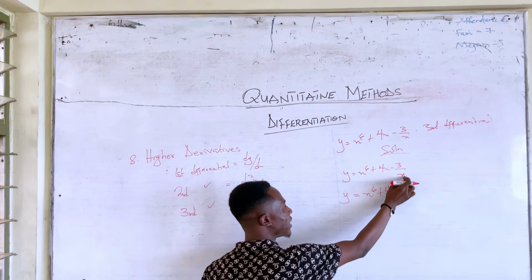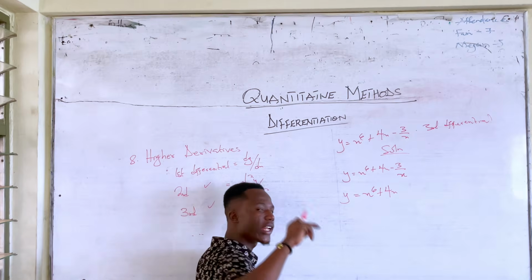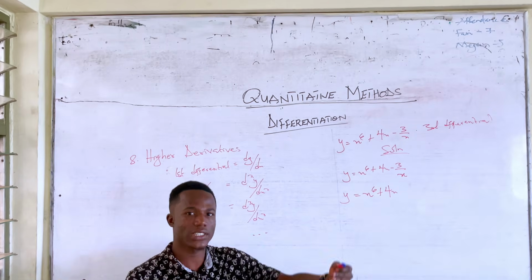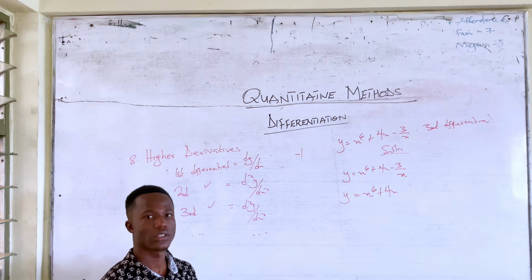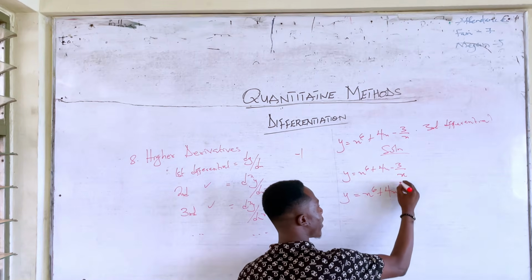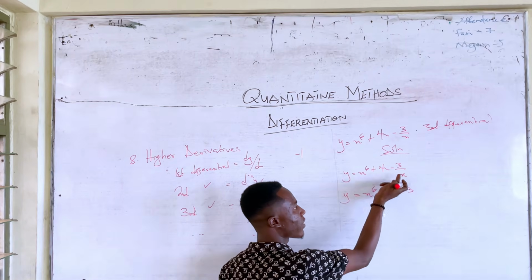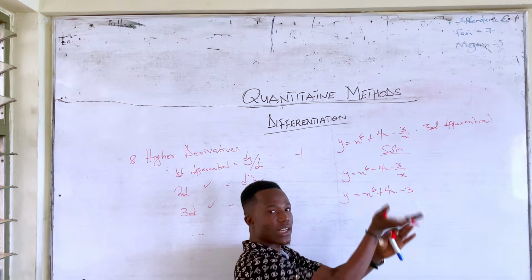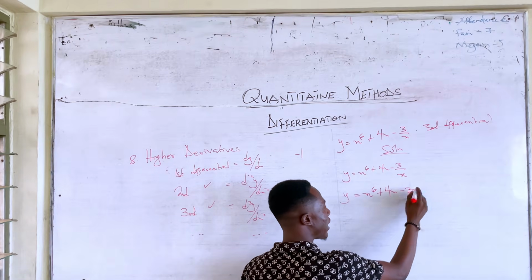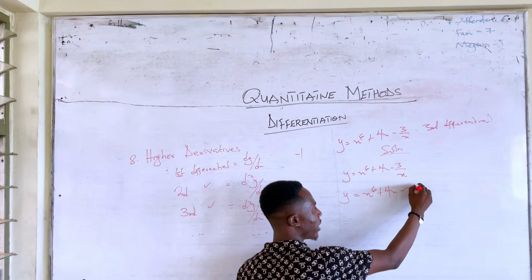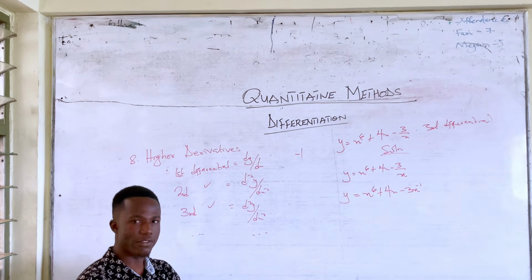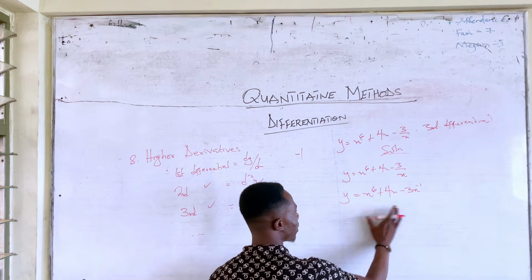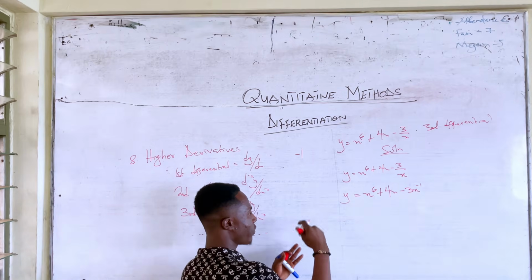Now when this x comes up, it comes with exponent negative 1, because any inverse has exponent -1. And so we have -3x^-1. That is the inverse. Now that we have it in linear form, we can differentiate it.